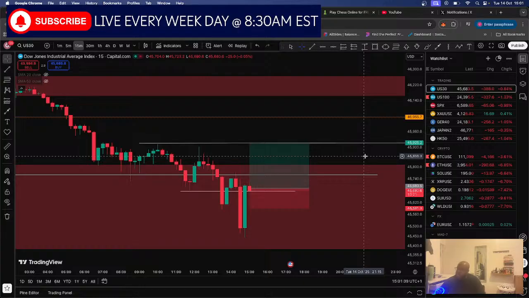Yep, seems that we don't have the momentum, so let's just see how this plays out. But it's looking a bit weak at this current moment in time.